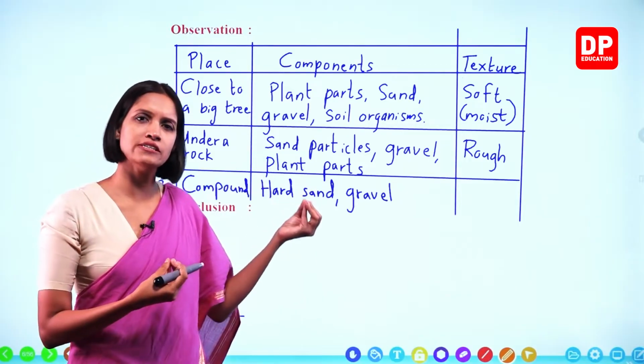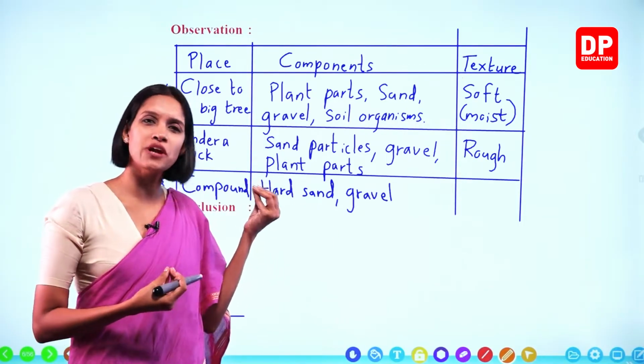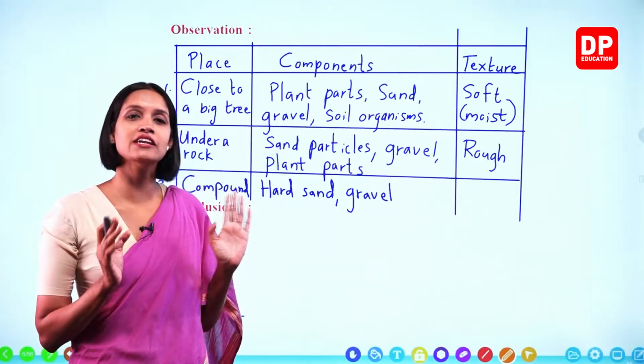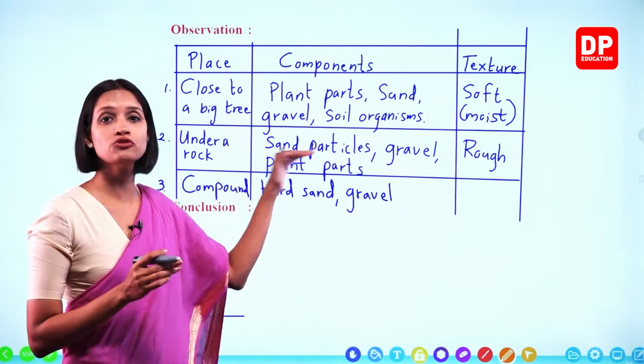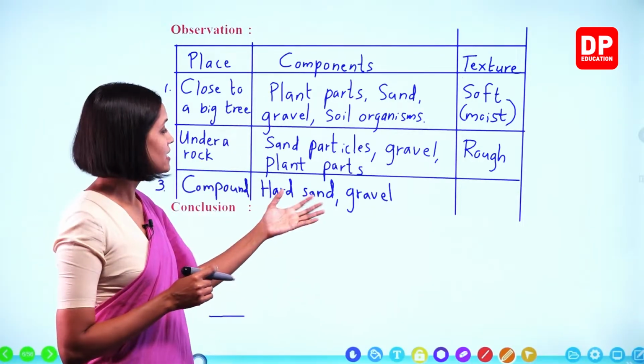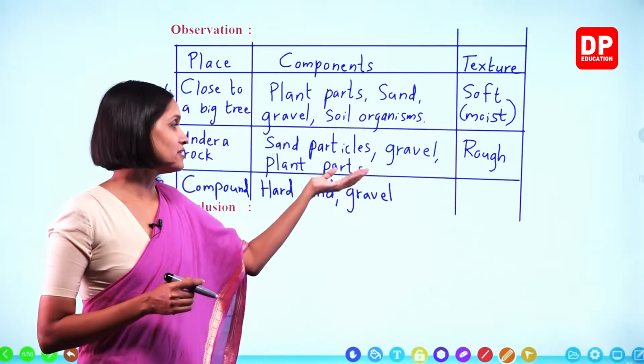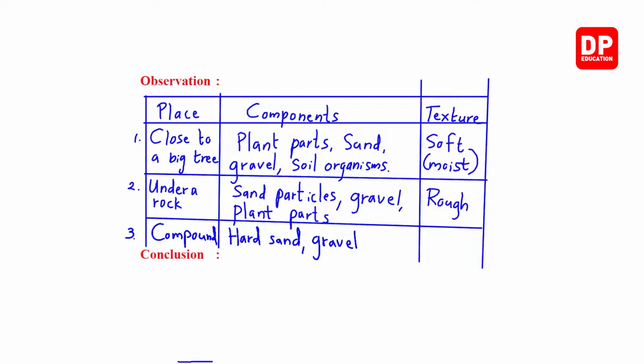The soil taken from the compound was light brown in color compared to these two soil samples, right? The water content present in that soil was a bit lower than the other two soil samples. Therefore, it was kind of dried and rough.